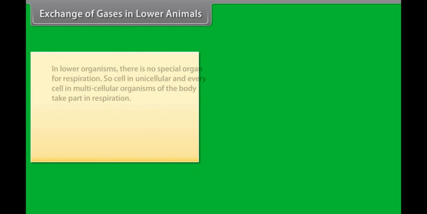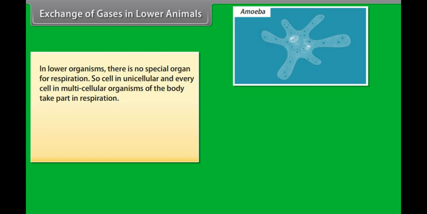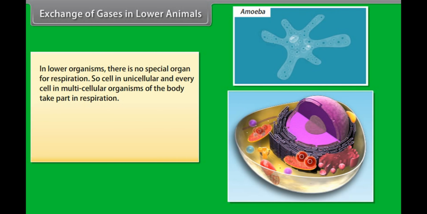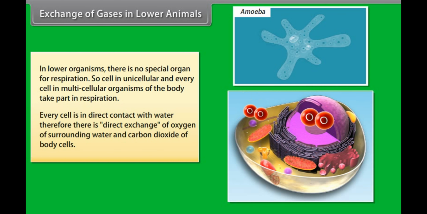Exchange of gases in lower animals. In lower organisms, there is no special organ for respiration. So, the cell in unicellular organisms and every cell in multicellular organisms takes part in respiration. Every cell is in direct contact with water. Therefore, there is direct exchange of oxygen of surrounding water and carbon dioxide of body cells.